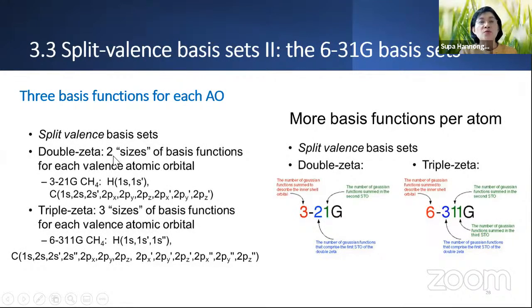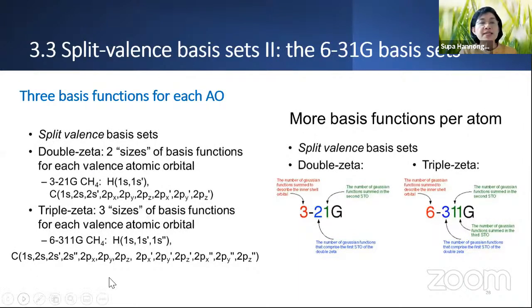That means we have 2 sizes of basis functions for each valence atomic orbital. In the hydrogen atom, we have 3-21G. In methane, the hydrogen atom has 1s and 1s prime. For the carbon atom, you have it as presented here. This is the double zeta. For valence electrons, you have 2 basis functions.